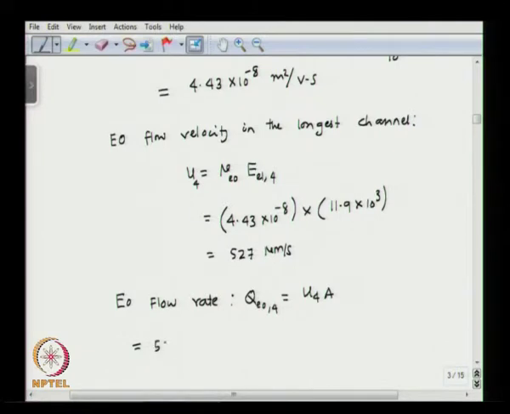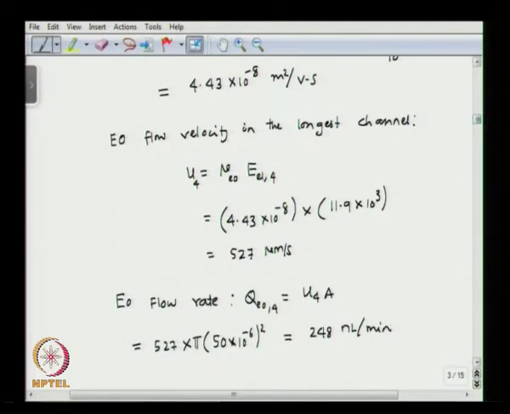So, this is 527 into the area of cross section, this is 50 micron radius, pi into (50 into 10 to the power minus 6) square. So, that is going to be 248 nanoliter per minute.